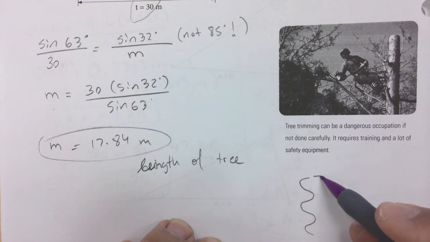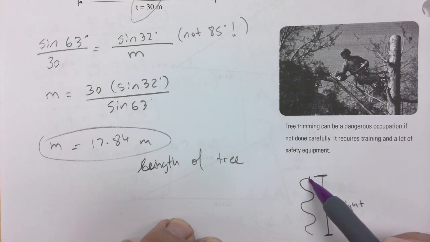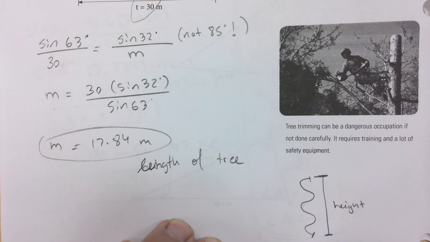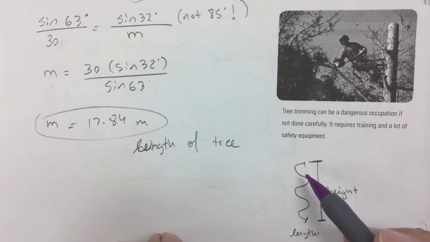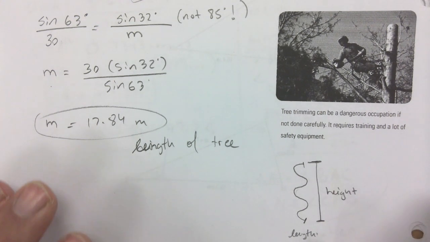You would start from the very top of that structure all the way down to the bottom, and that's the height. Length would be from here to here. So you have to be at a 90 degree with the ground. You have to be at a 90 to be considered the height, okay?